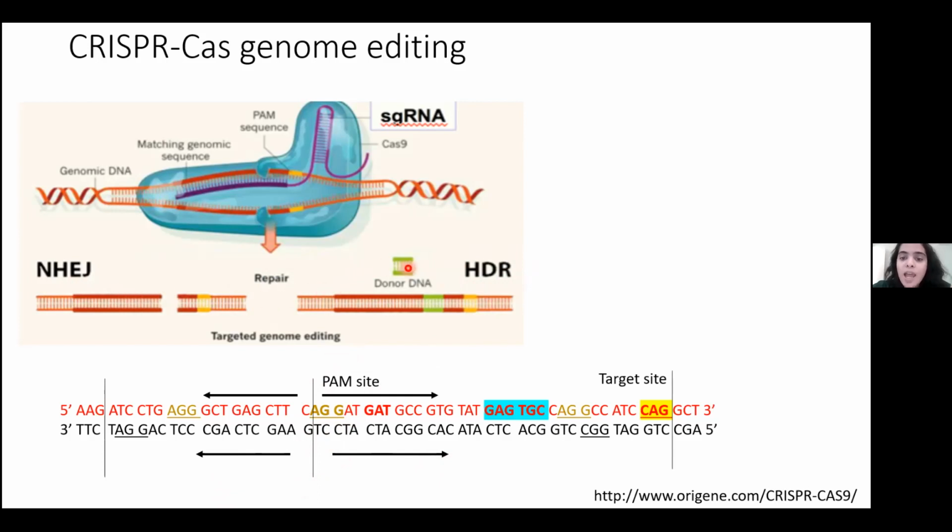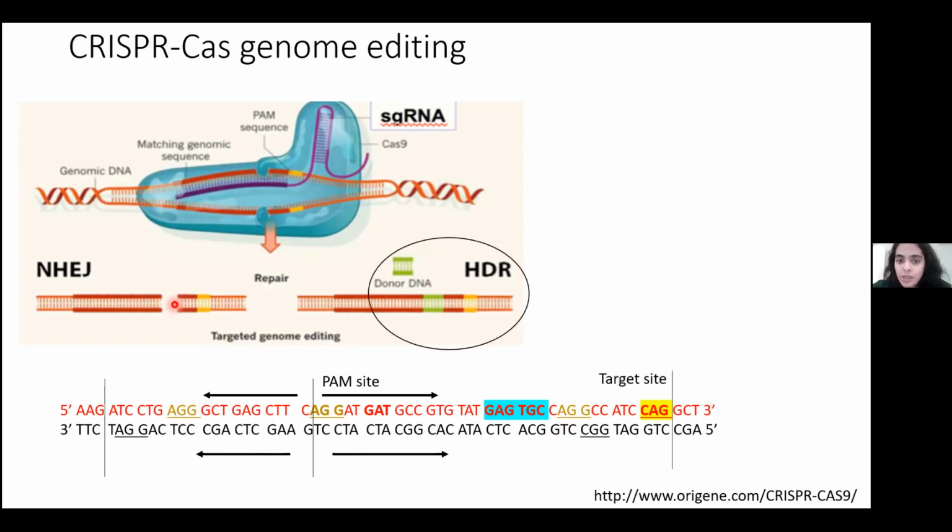So when you have a donor DNA filling in that gap, you introduce the mutation. Without it, the gap is going to be filled up with random insertions and deletions.